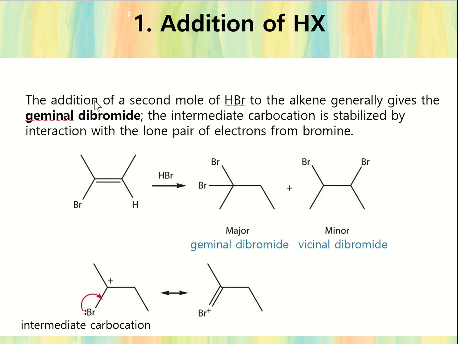We can add another molecule of HBr here, and the reaction will happen in a similar fashion as we have seen several times before now, with addition of the acid to the double bond. In this case, the geminal dibromide will be the major product as compared to the vicinal dibromide. As we said, that is because the carbocation that would have been generated in the other case would have been less stable, and that is why the geminal dibromide is favored.